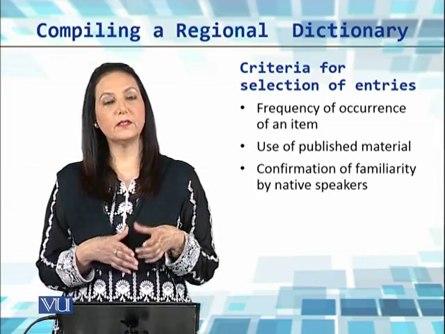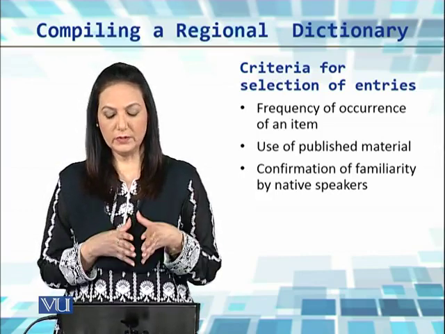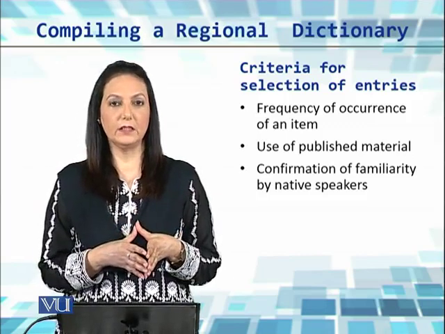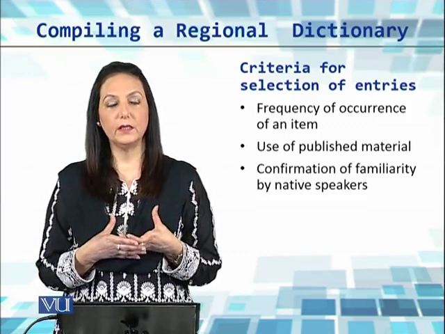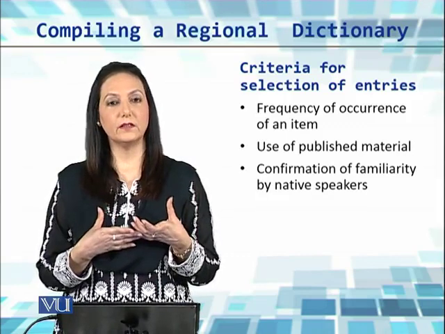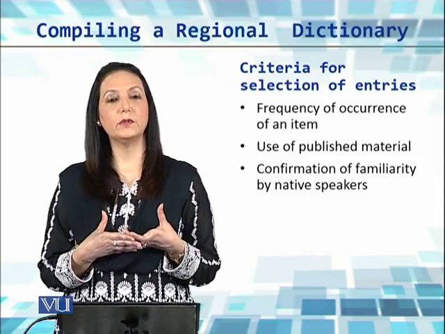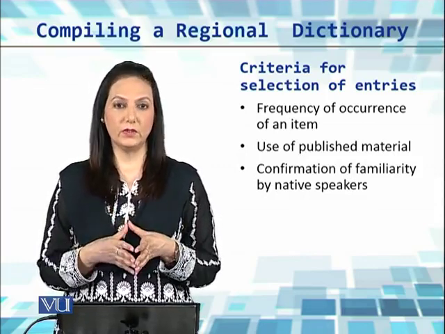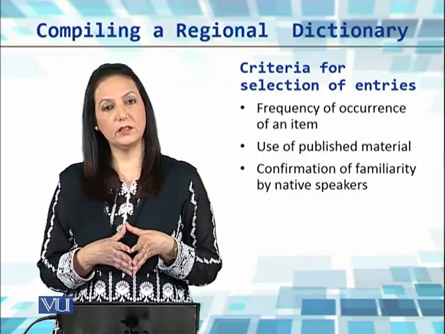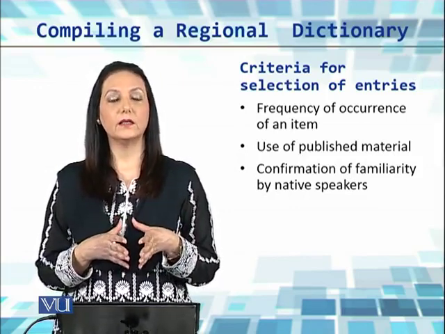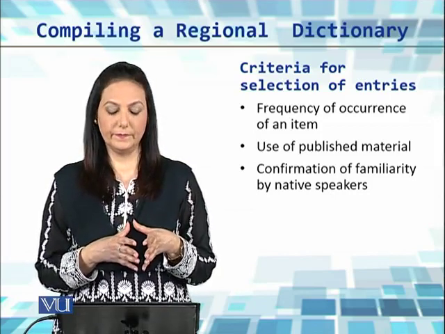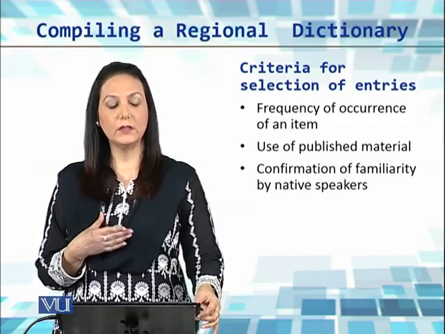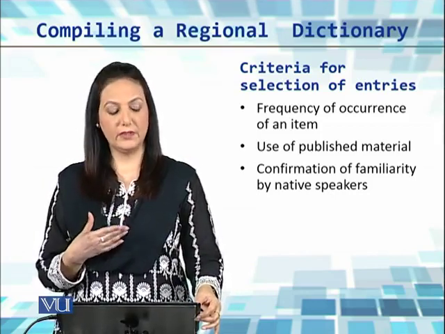There are certain strategies that can be used to confirm familiarity of those entries by native speakers. For example, a survey can be conducted, and the users can be asked about the degree of familiarity that they have with that entry. So this can also be a criterion for selecting a certain word to be entered in a dictionary: the familiarity with the users of that variety of English.